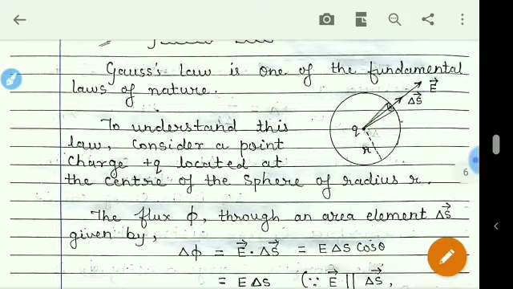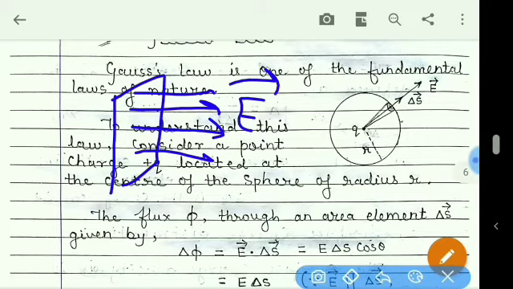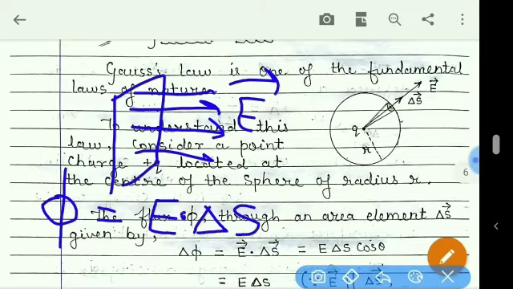We have studied that from any surface area like this, if the electric field passes through such a surface, then a flux is linked with it, and that was given by flux phi is equal to E dot delta S, and it is a dot product because these two are vectors.